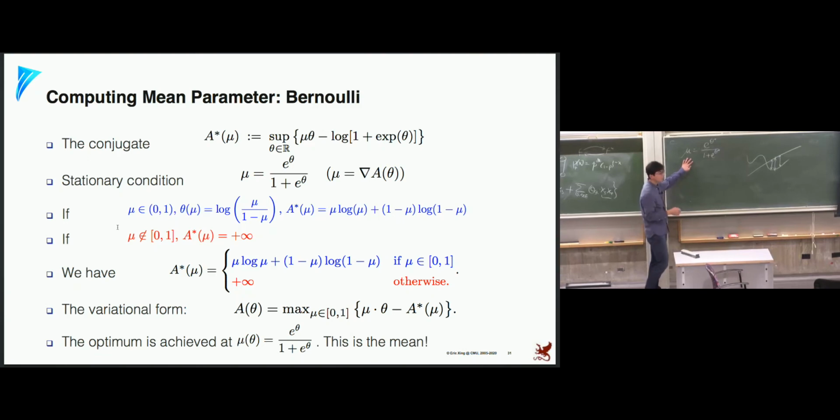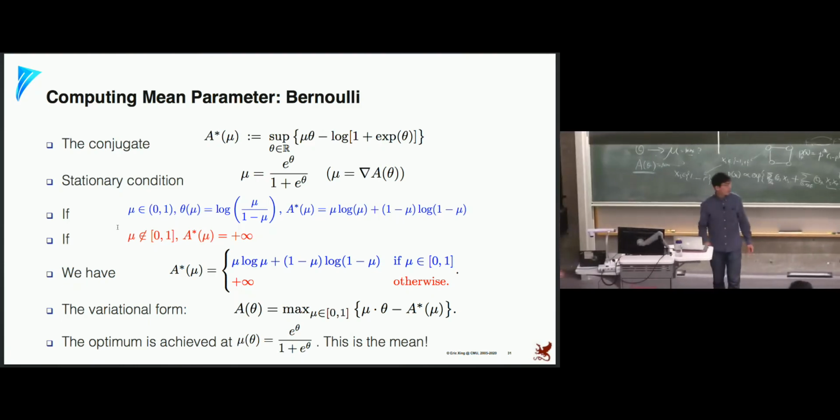Essentially, the stationary condition says something like this, and then we need to invert this so that we know theta star is this, right? And then we can plug this theta star into A star of mu here, and that's how we get this dual function.